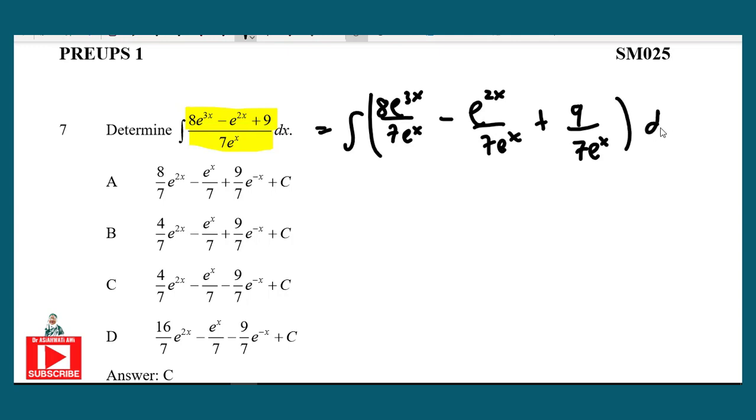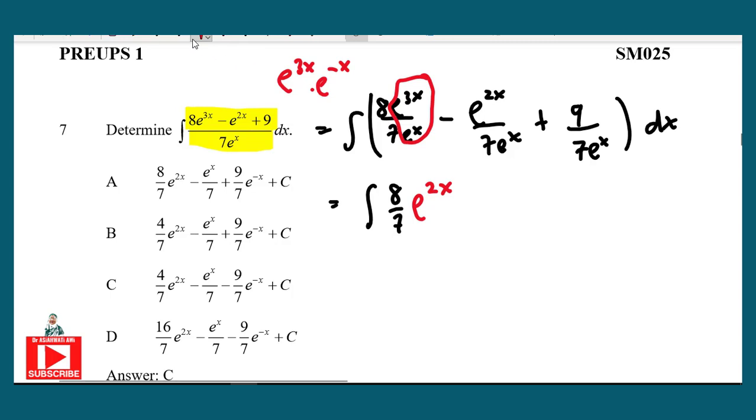Then for this one, 8 over 7, bring up e power 3x times e power negative x. So 3x minus x gives e power 2x. Then minus 1 over 7.